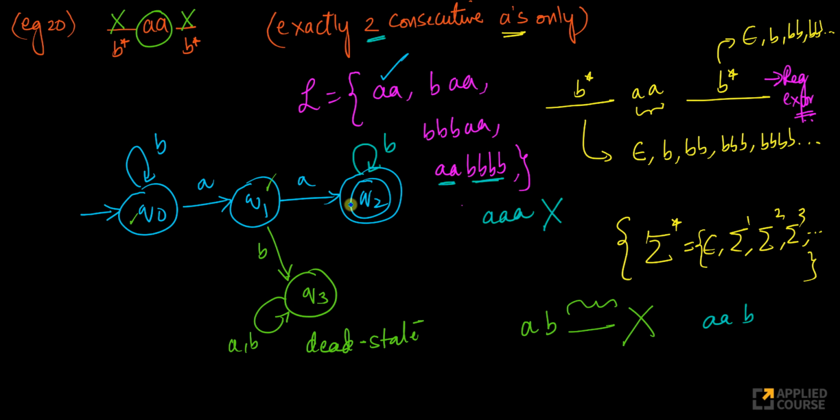So I got 2 A's, which means the moment I get a third A, I should go to the dead state, because AAA followed by anything should not be here. So I'm getting away with 4 states now. Again, I need a dead state because of cases like these. Very simple example. Very good example.